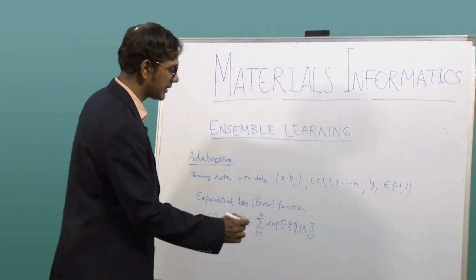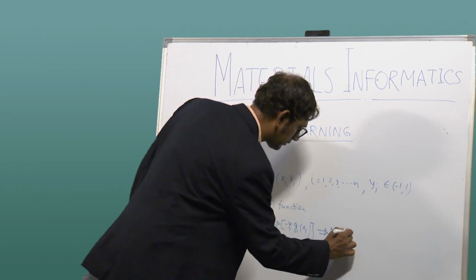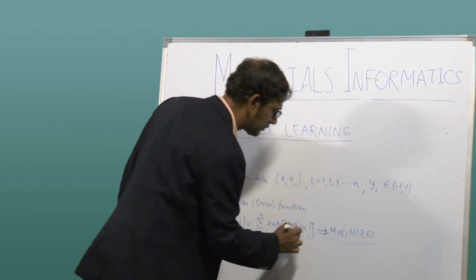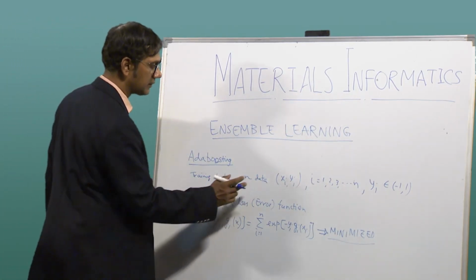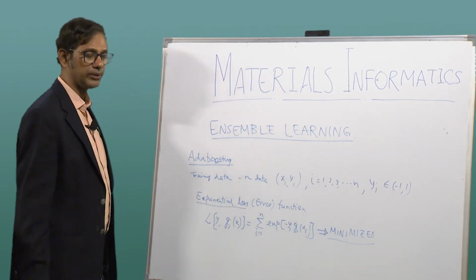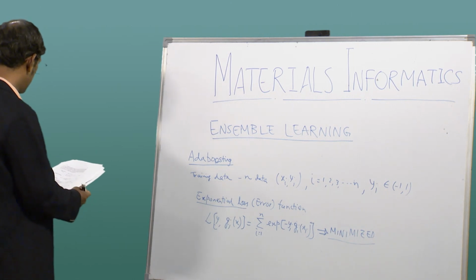Remember this: this is the error function, and it has to be minimized. That is the idea. So in AdaBoosting, a very important aspect is that we use the exponential loss function. Please remember this.